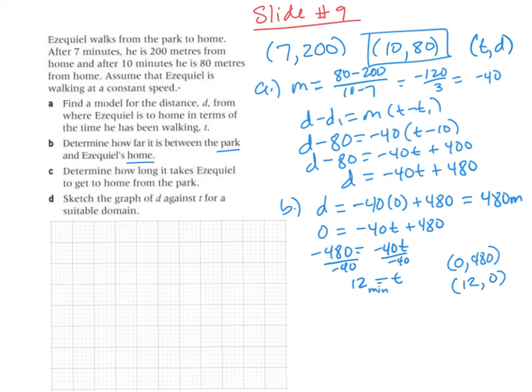And now I wrote that down because letter D says to sketch a graph of the distance for time for this situation. Sketch the graph of D for a suitable domain.